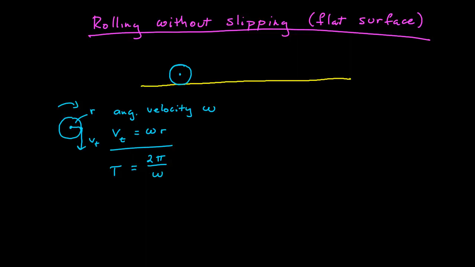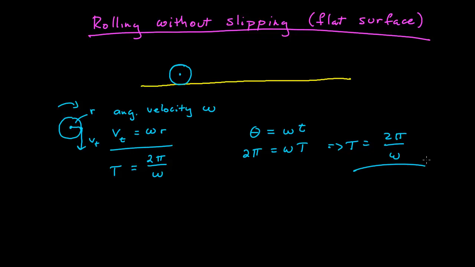If you recall where that came from, for constant rotational motion, the angle displacement is given by the angular velocity times time. For one complete rotation, the angle goes through 2 pi, and the time for one complete rotation is called the period. So the period is 2 pi over omega.